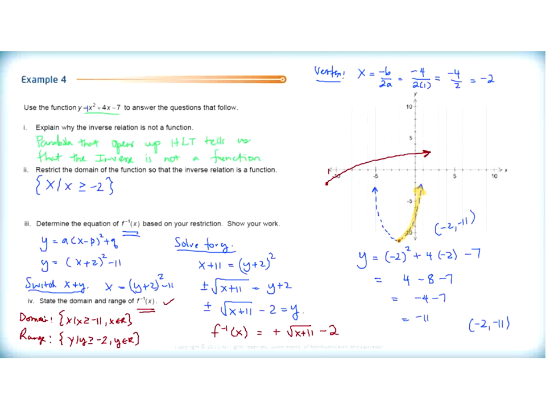Again, look at the graph of the function that I've constructed here, which is the inverse function. I just did a sketch of the graph of the inverse. It's the upper half of my sideways parabola with a vertex at negative 11, negative 2.